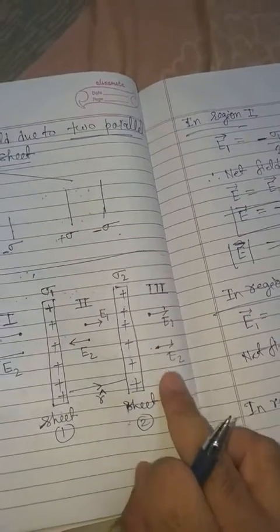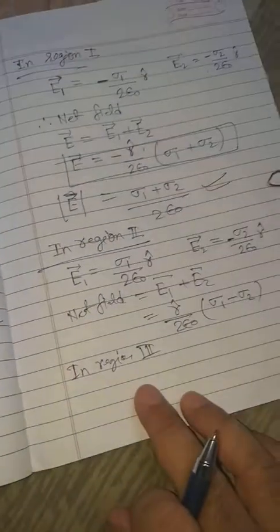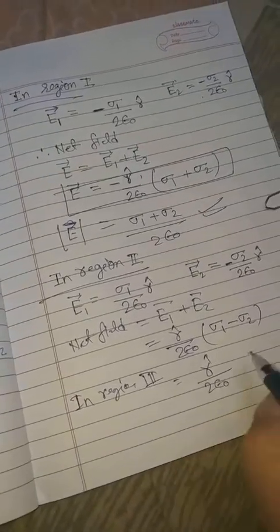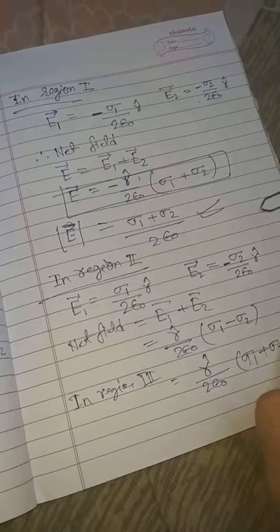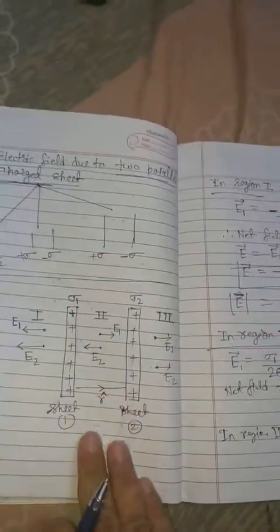In the first region both the fields are in the left direction, opposite to r cap, and here both the fields are in the right direction, in the direction of r cap. So in the first case a negative sign will be there, but in the third case the same expression with a positive sign. So this is r cap upon 2 epsilon naught, sigma 1 plus sigma 2. With the help of this you can analyze all these three cases.